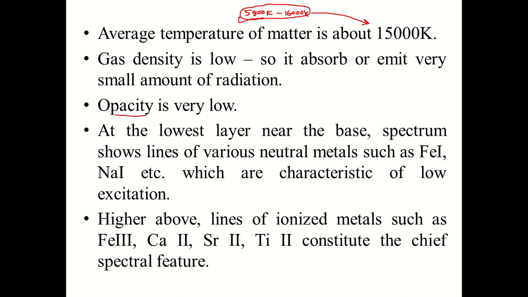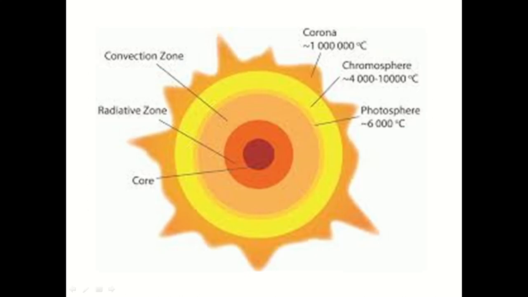Now let's discuss the third part of the sun's atmosphere, that is the corona. Before that, let's see a picture which gives the schematic representation of the different layers of the sun.